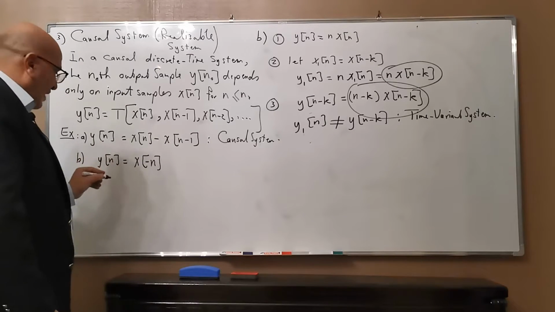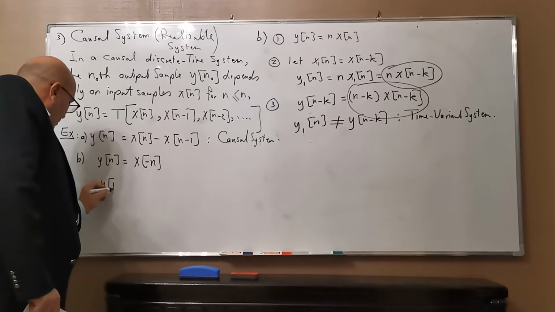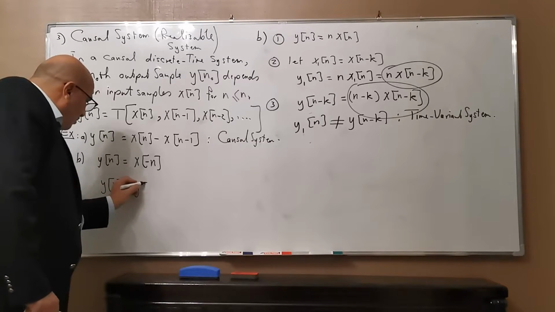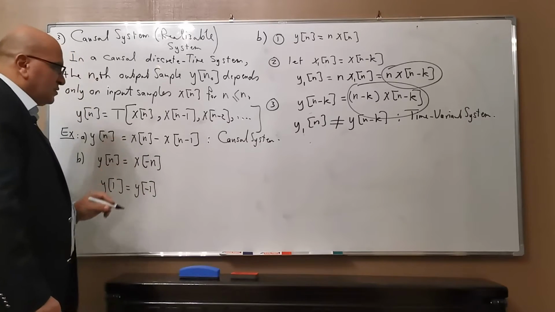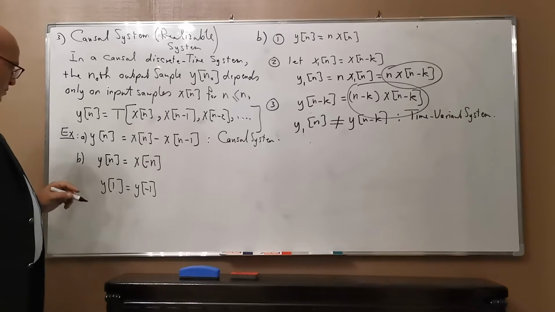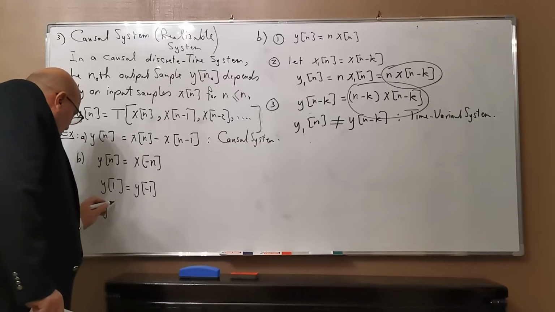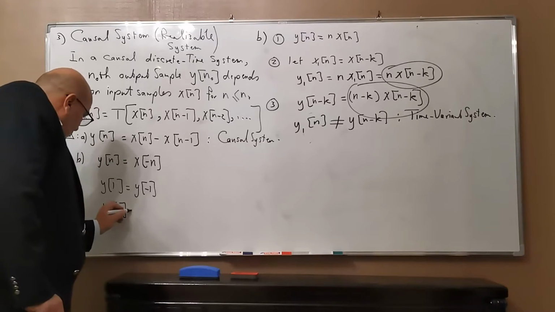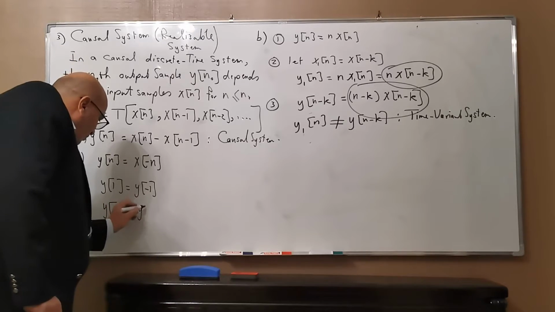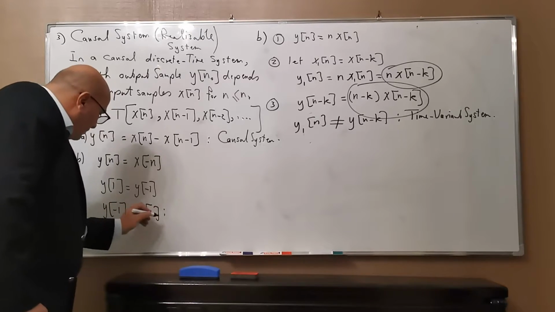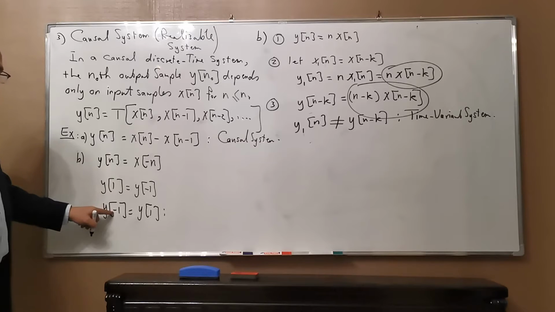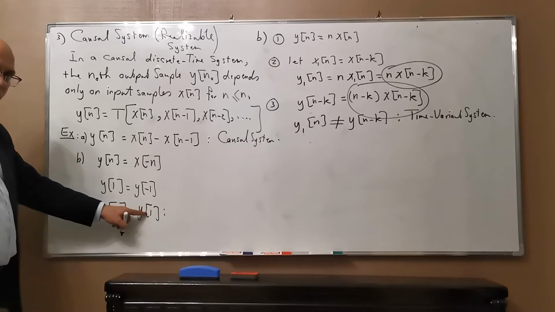If you take an example, let's say y of 1, it's equal to x of minus 1. So this is causal. But if you take y of minus 1, this one is equal to x of 1. So the instant at minus 1 depends on a future value.